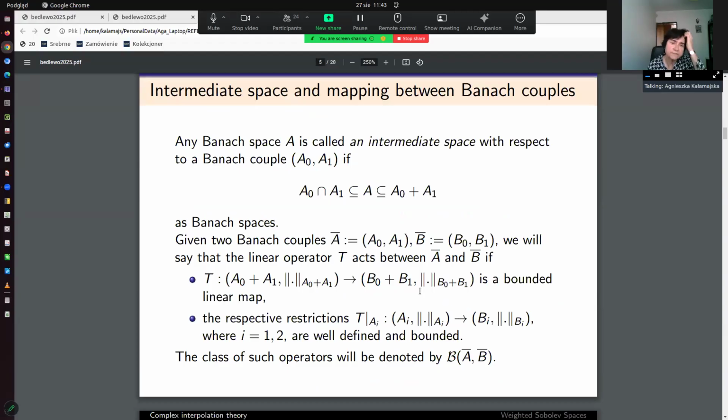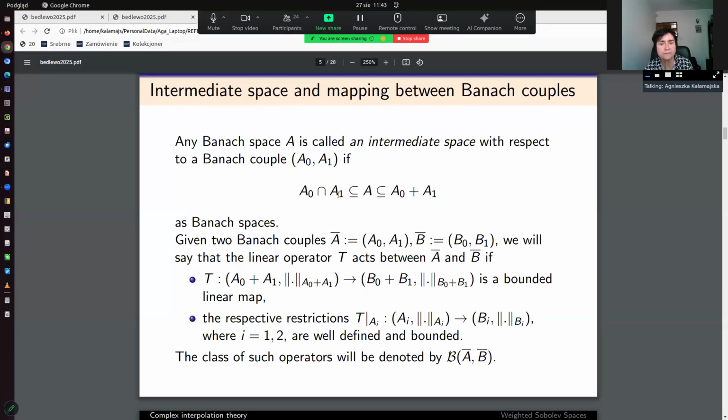Then we say, what is an intermediate space and mapping between Banach couples? First of all, suppose that we have a Banach couple, A0, A1, and we say that any Banach space A is intermediate with respect to the Banach couple if the intersection is contained in A and A is contained in the sum.